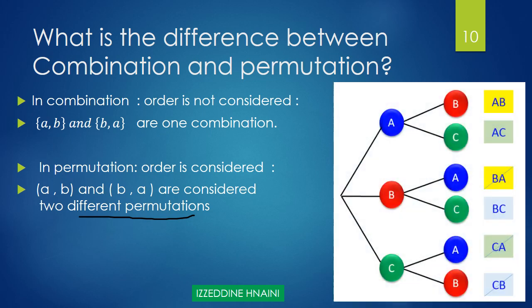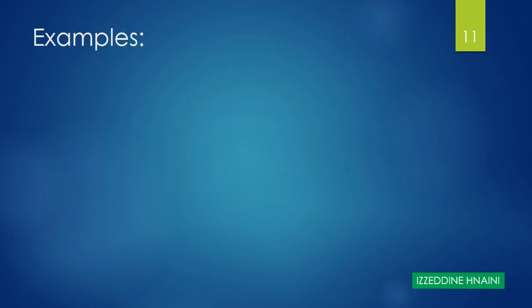If we are finding combinations, AB and BA are considered only one combination, AC and CA are considered the same combination, and BC and CB are considered the same combination. So we have 3 combinations, AB, AC, and BC.